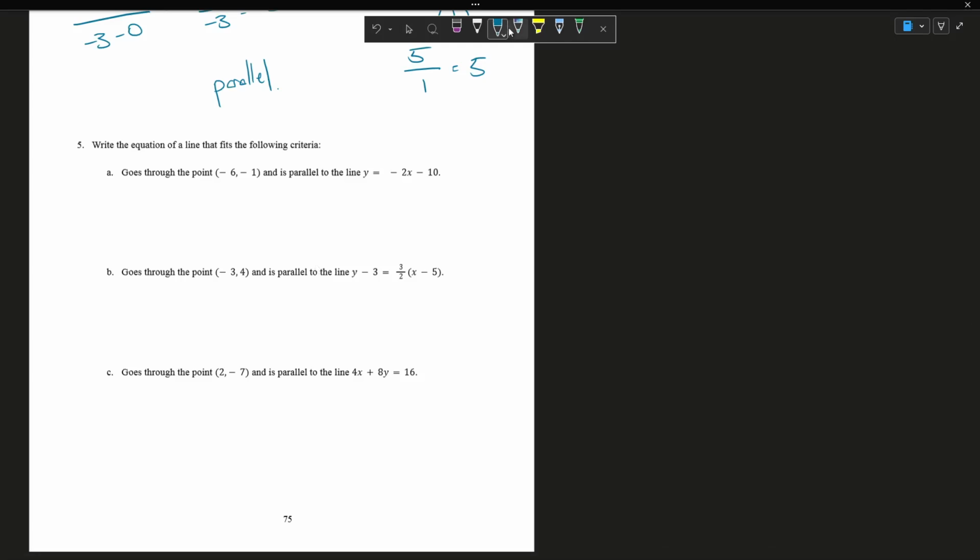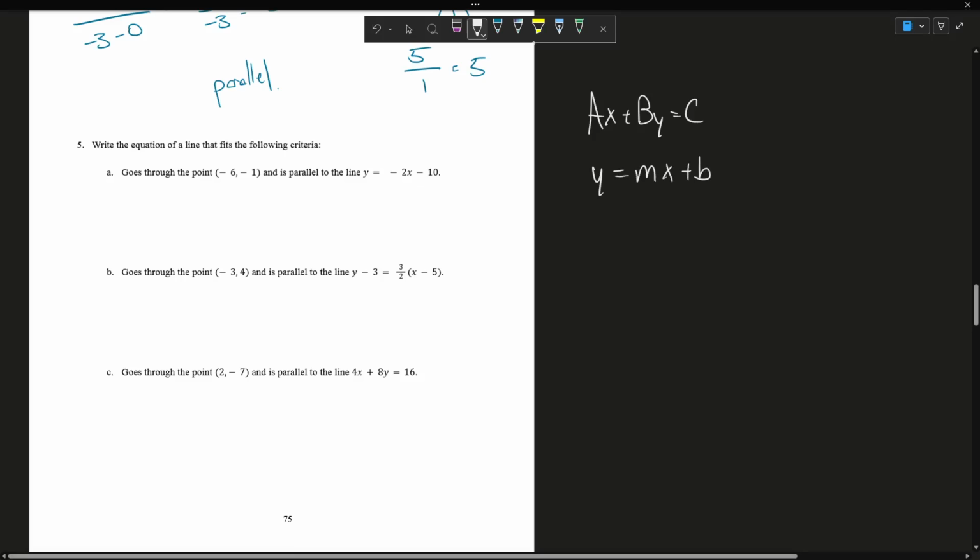So let's have all these forms: ax plus by equals c, y equals mx plus b, y minus y1 equals m times x minus x1. We'll see what we have and we'll decide what the easiest one is.